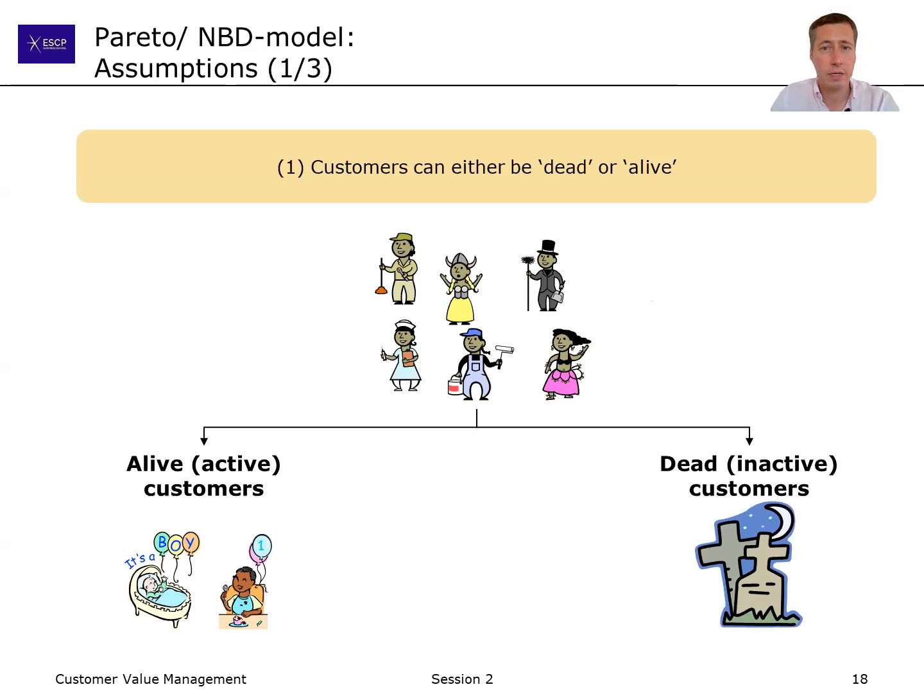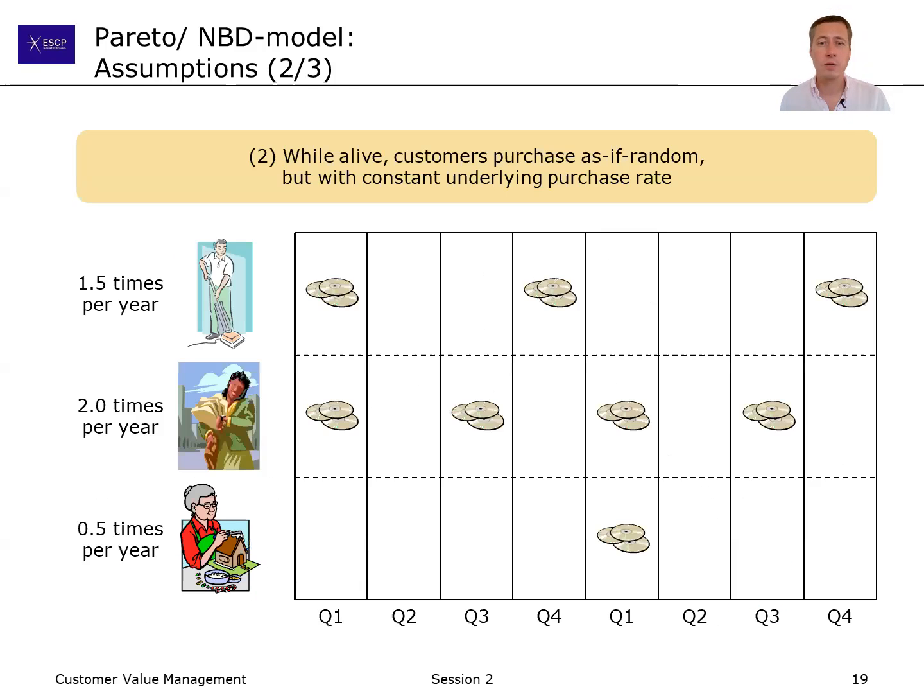Customers can either be alive or dead. When customers are alive, they purchase randomly but with a constant rate. Some people buy 1.5 times a year, some people buy 2 times a year, some people buy 0.5 times a year. Imagine that every customer has a little timer on their phone that tells them when they are supposed to buy new books, new toilet paper, new shampoo.